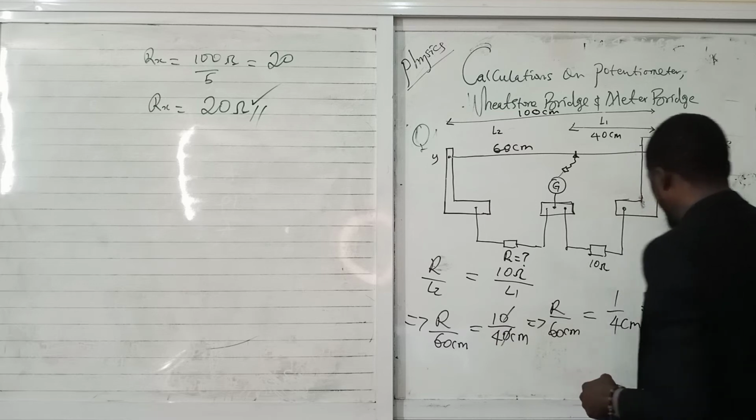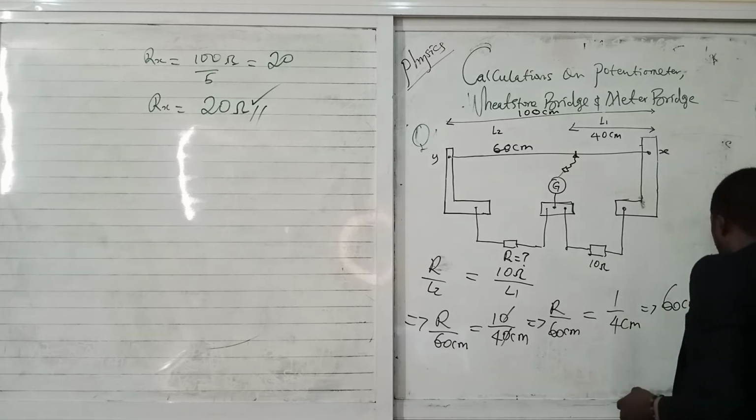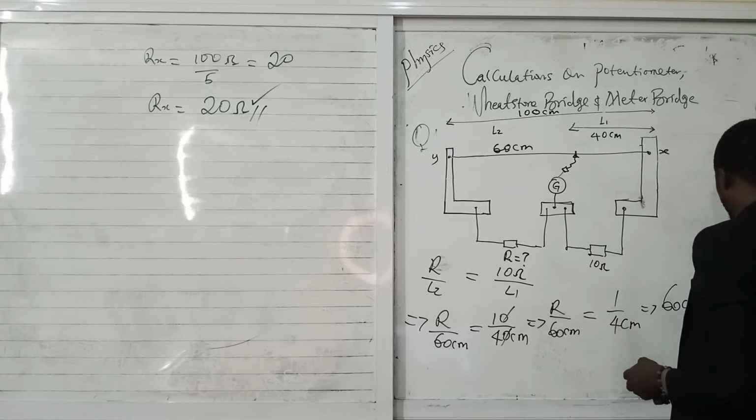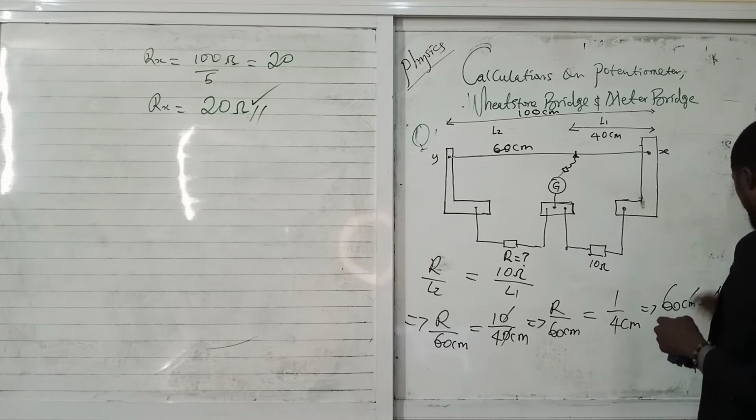If you cross multiply, you have 60 cm is equal to 4 cm R. The cm cancels cm.